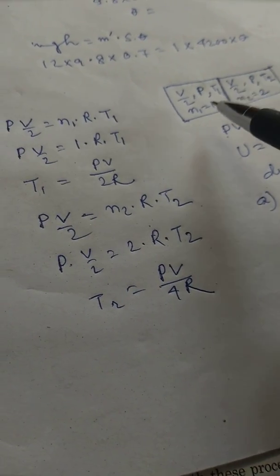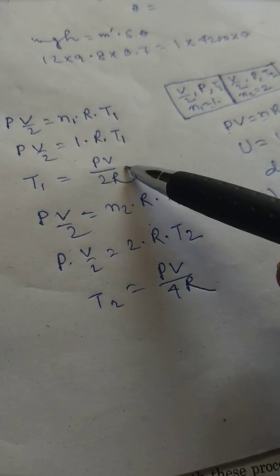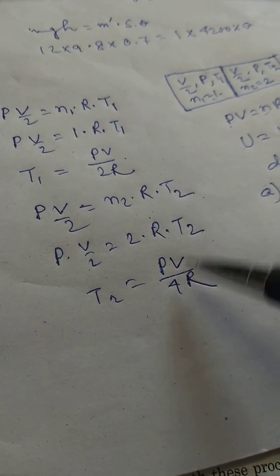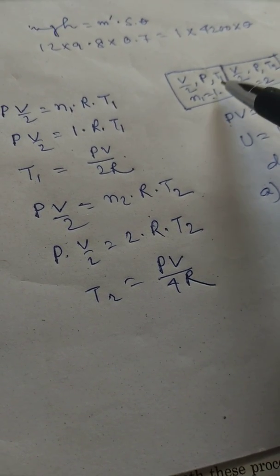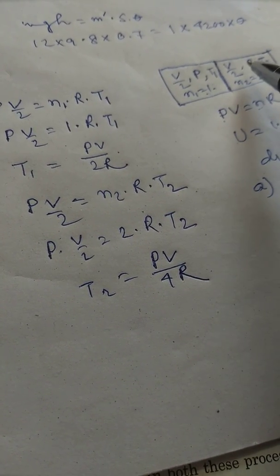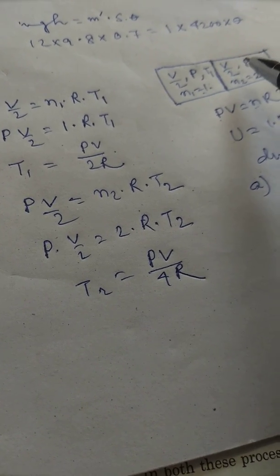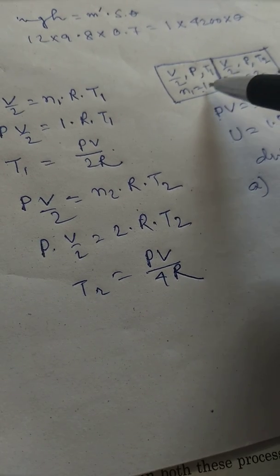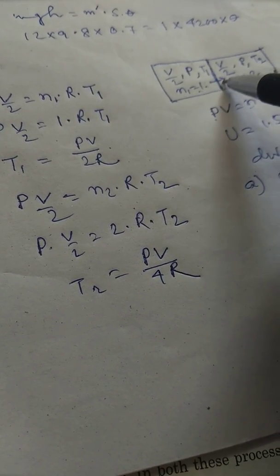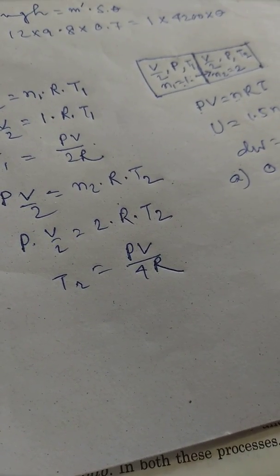So initial temperature of the left part is PV by 2R, and the initial temperature of the right part is PV by 4R. So it's clear the temperature of the left part is more than that of the right part. So the heat will flow from this side to this side. It has more heat, so heat will flow from this side to this side. Okay.